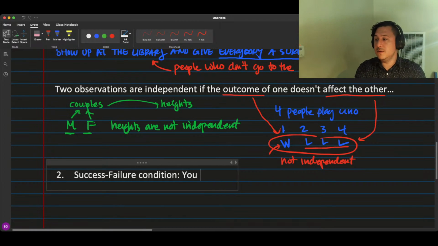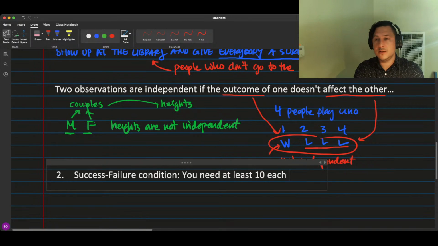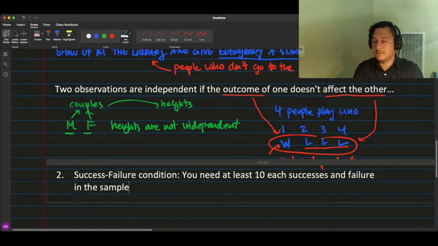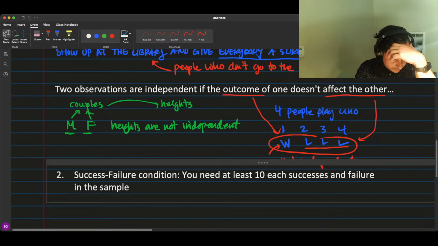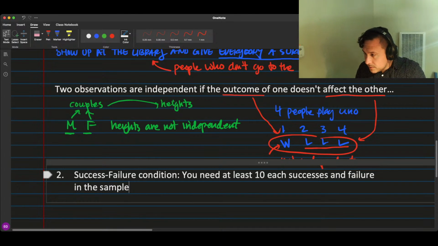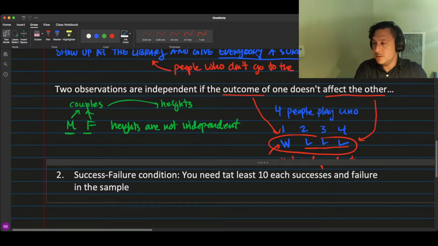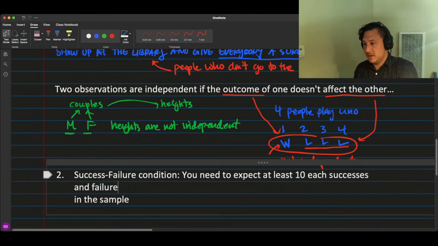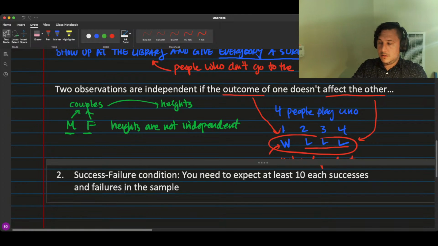You need to expect at least 10 each of successes and failures in the sample.